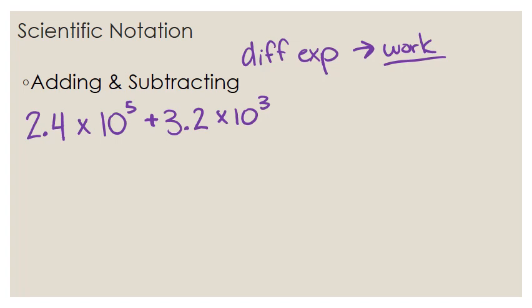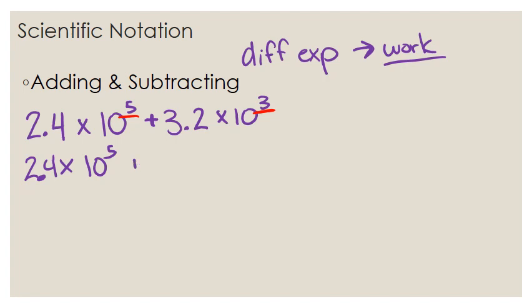Okay, first thing I notice, I don't have like exponents. So first I need to make them like exponents. So I'm going to start off by deciding which exponent I want. So let's say I want to keep the 5. All right, that means I'm going to keep the first scientific notation as is.